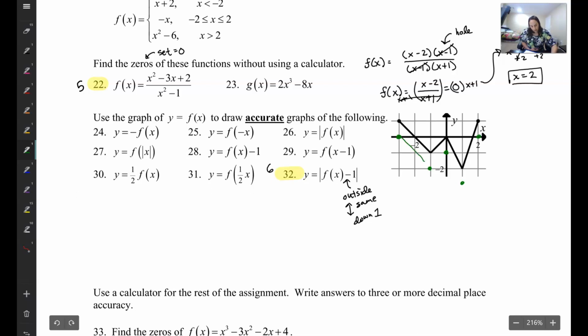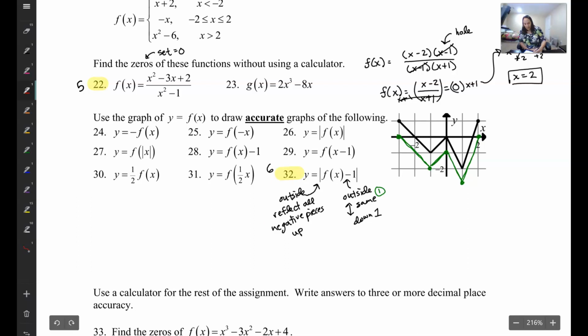We get this thing. This one, this one, this one, that one. That's our first thing, number 1. Now we want to deal with those absolute values. The absolute values are on the outside of the function. So if you remember those rules, that means we're going to reflect all negative pieces of the graph up.